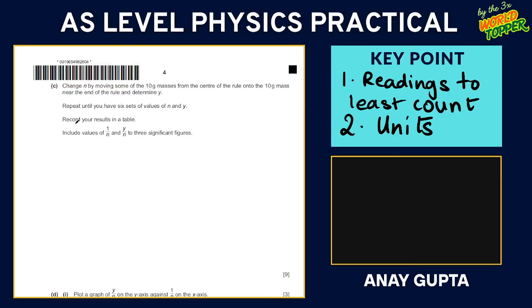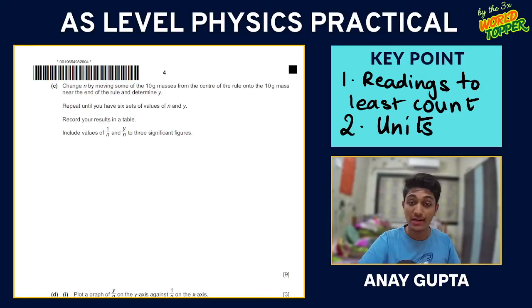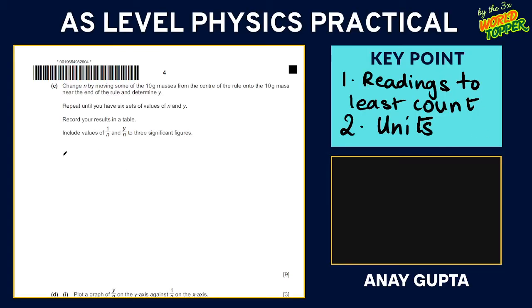As a rule of thumb, independent variable goes to the left of the table. Key point number 5: independent variable goes to the left of the table. So we start with n, y, and then our calculated values 1 by n and y by n.